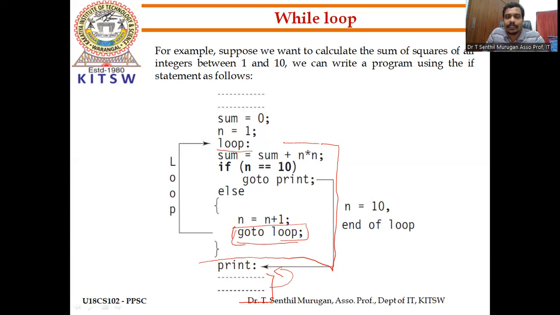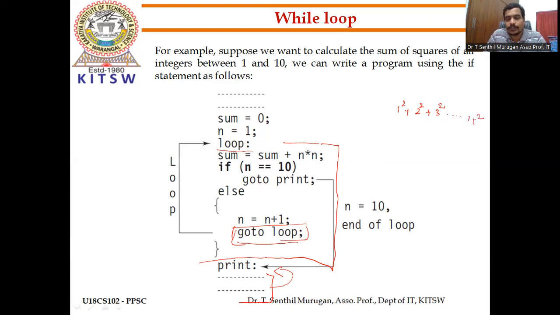Here, this particular program finds the sum of the squares of the integers between 1 and 10. 1 square plus 2 square plus 3 square, and so on, up to 10 square.